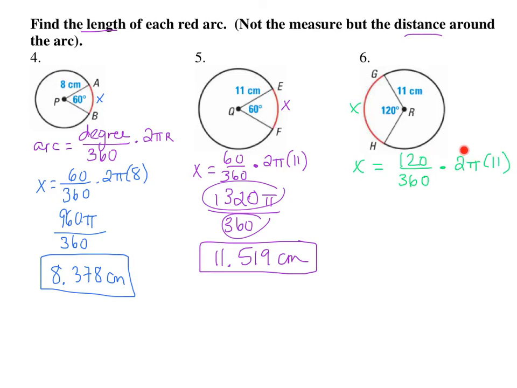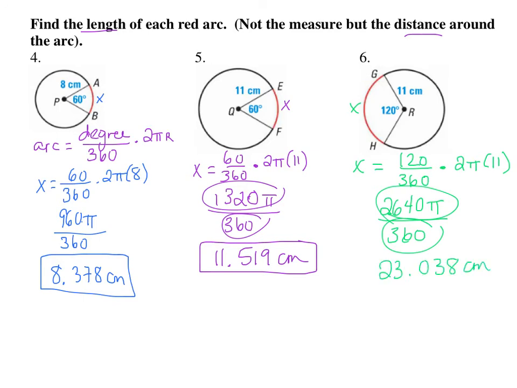So this is 22 again, times 120 gives me 2,640 pi divided by 360. So again, multiply that, then divide by 360, and we get 23.038, and this is centimeters again.